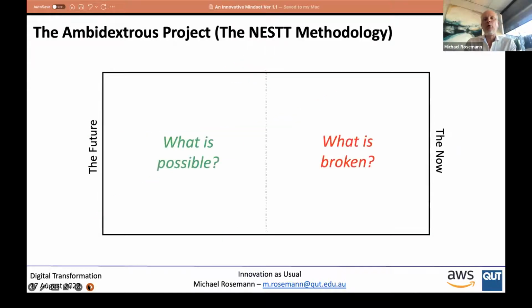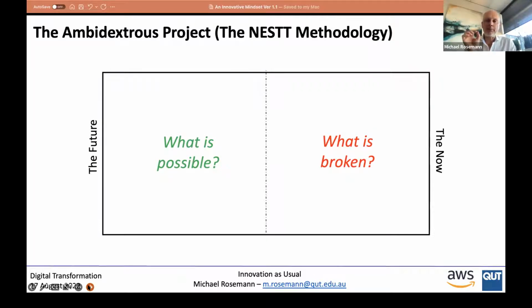Now, we do this in our day-to-day projects. What you see here is the design of a room that we call the nest. And what we have done is we write down on one side today, and on the other side, we write down the future. And it could be in 20 days, could be 20 months, it could be 2025.